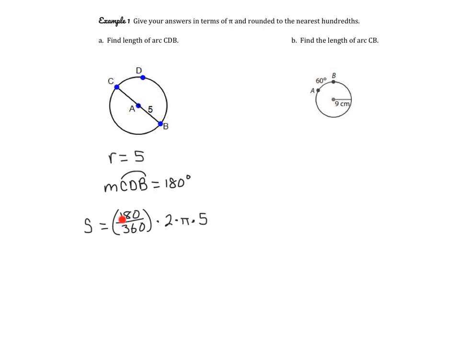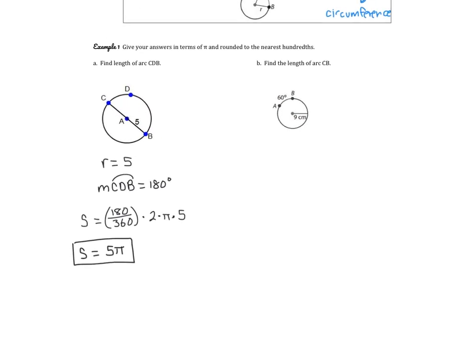Just remember, when we have a fraction times whole numbers, these get multiplied to the numerator. So 180 times 2 times 5 divided by 360 is 5. So s equals 5 pi, 5 times pi. And that would be our exact answer for the arc length of CDB.